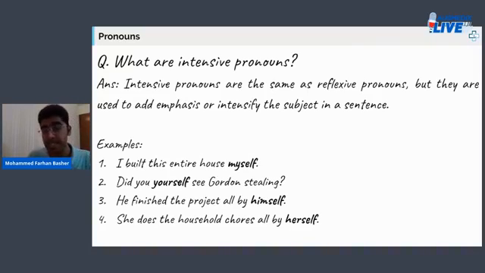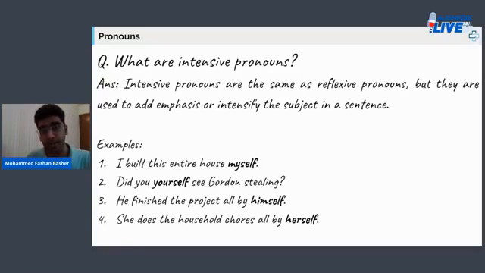Why? Because we need to intensify them, as in these are used for putting more emphasis, such as when I say that I built this entire house myself, right? So you see, I did not do an action towards myself. I haven't taken an action, the result of which is mine, right?